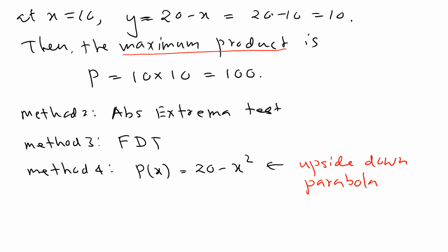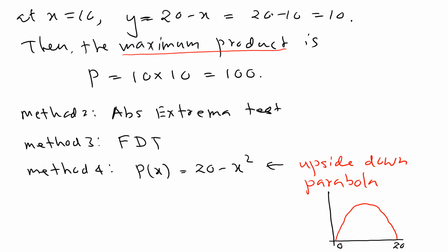If you look at the graph of something like that, there are two zeros, one at 0 and one at 20. So it's going to go like that. That's the shape of the graph.